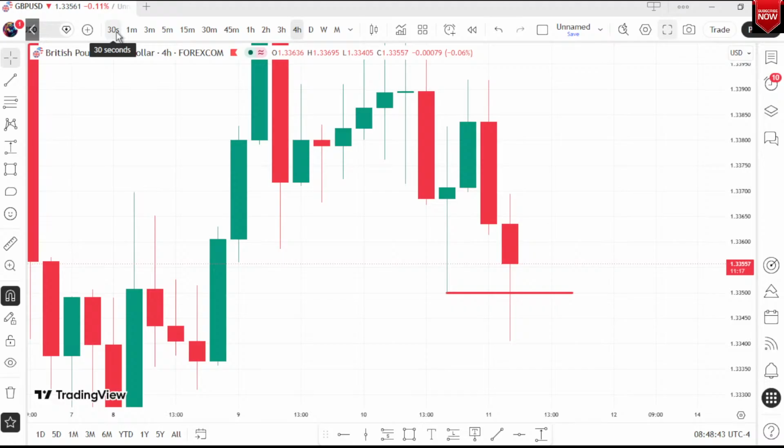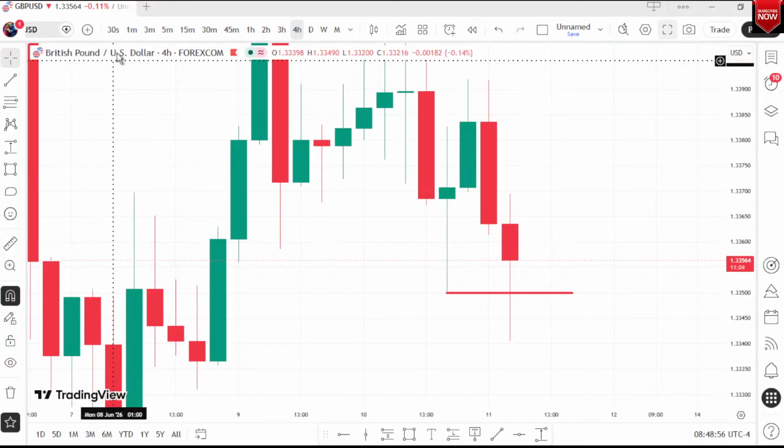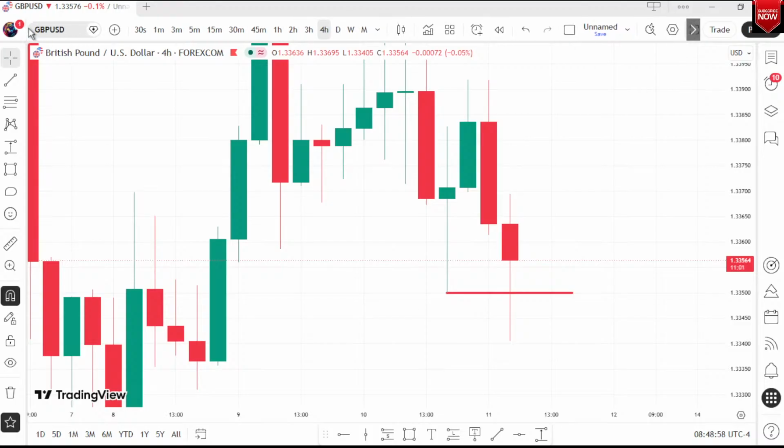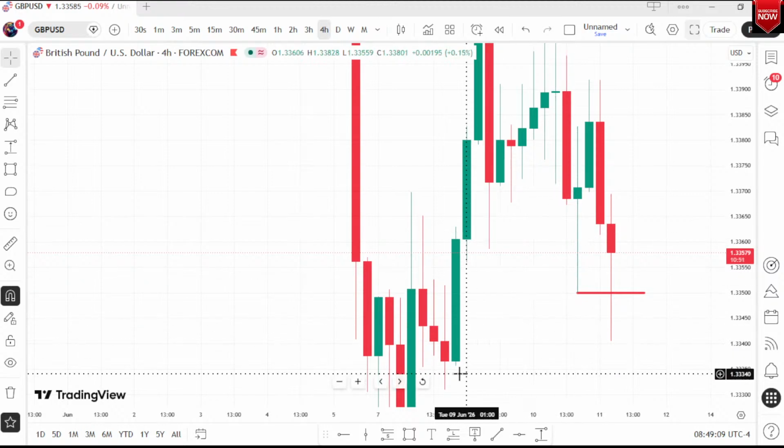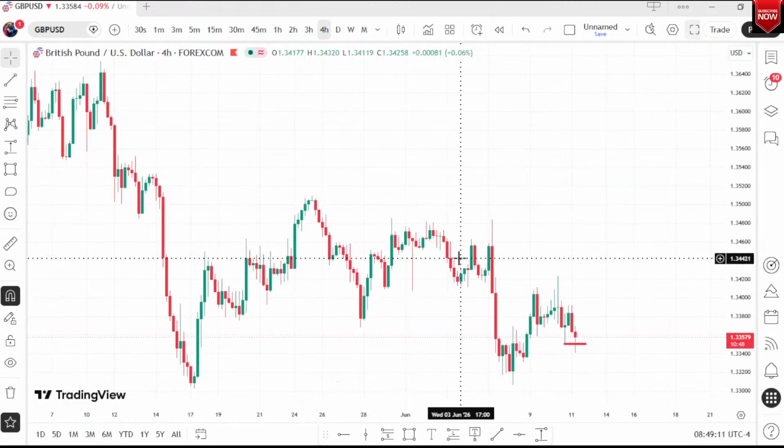Only half chart is visible. It's not visible. Oh, only half chart is visible. The upper section where timeline is not visible.